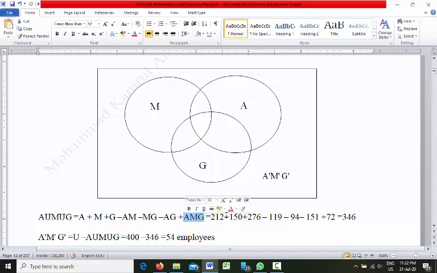So that is the formula. If you put in all the values there, you will see the result.